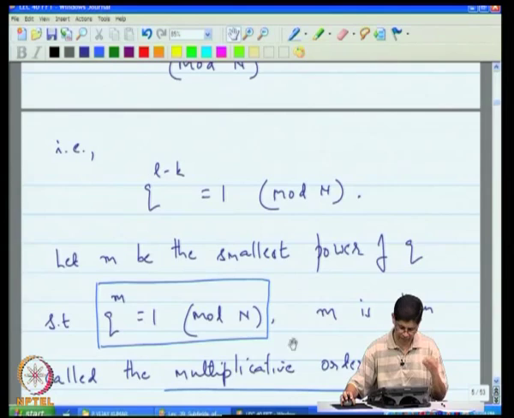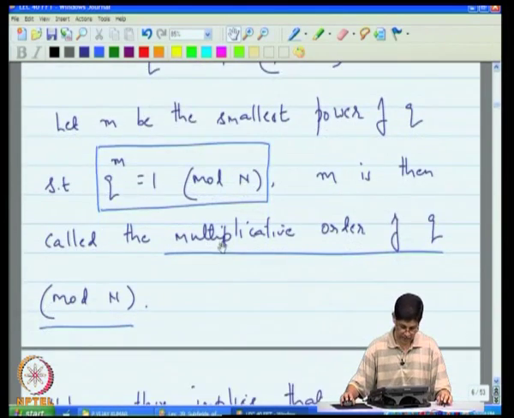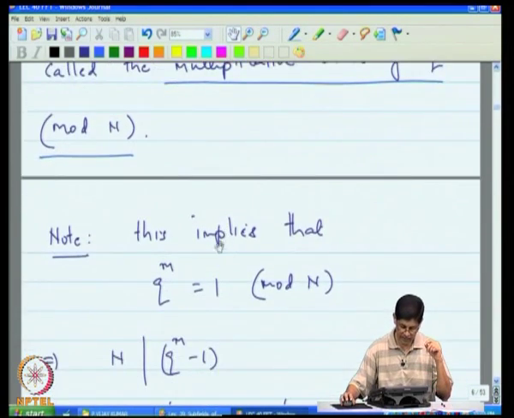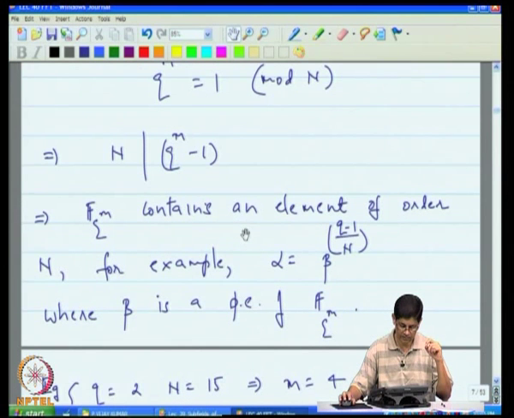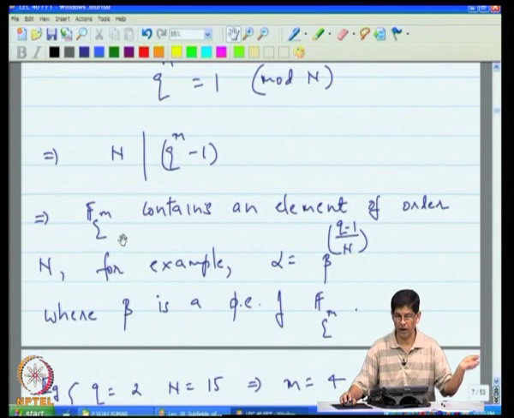And what we have here is this expression, which tells us that n divides q to the m minus 1, and that is important because it tells us that in the finite field F_{q^m}, and we know that finite fields of every size of this type exist, because q itself is some power of a prime. So, q to the m is also some power of a prime, and therefore, a finite field of this size exists. So, this finite field contains an element of order n.